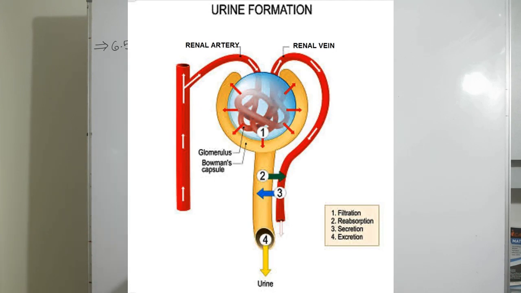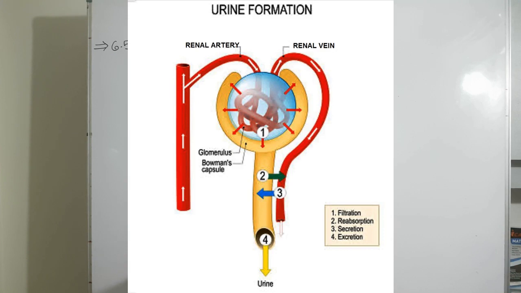Friends, this is the main site of urine filtration and it is also known as ultrafiltration. Now here the blood is filtered and then it comes out through the renal vein. The urine produced in the Bowman's capsule moves towards the urinary bladder and from the urinary bladder it is passed out of the body.